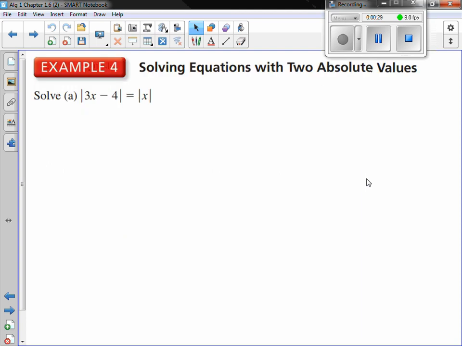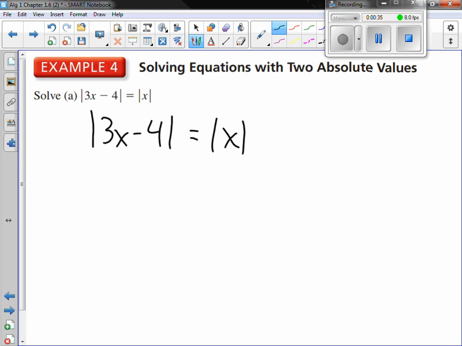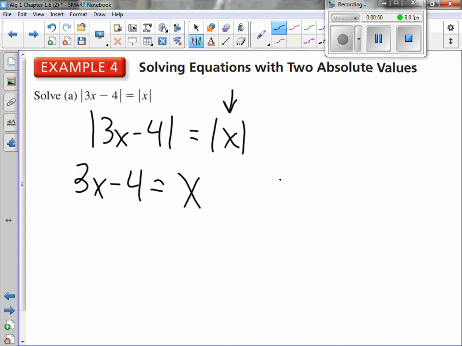So when we look at this here, the absolute value of 3x minus 4 is equal to the absolute value of x. We have absolute value bars on both sides. So what we're going to do is pick the right or left side, it doesn't matter which. We'll say the right side, this one here. When we drop the absolute values, we have a case where it's positive and a case where it is negative.